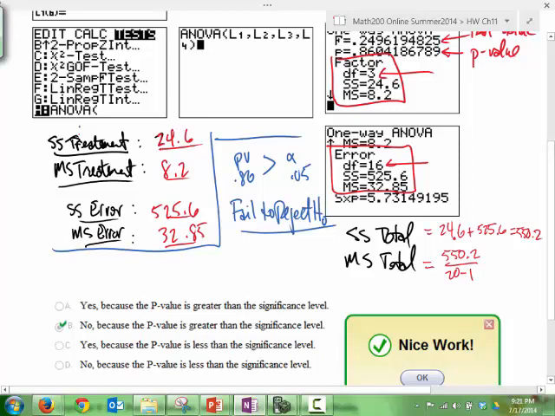So take that last number, divide by 19, and then we have our answer. If they were asking for that, this is what you would put in for your values. Okay?